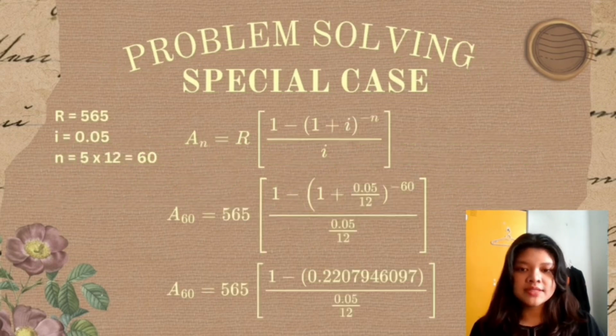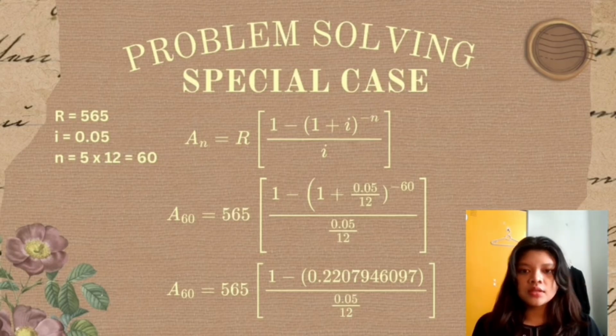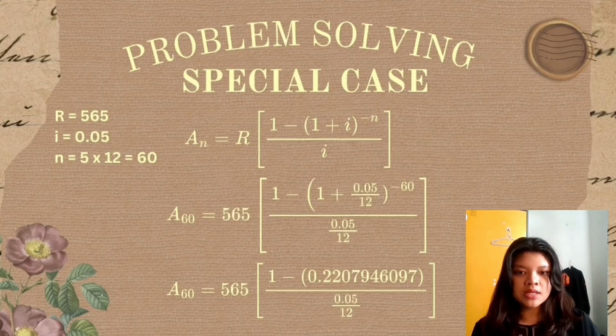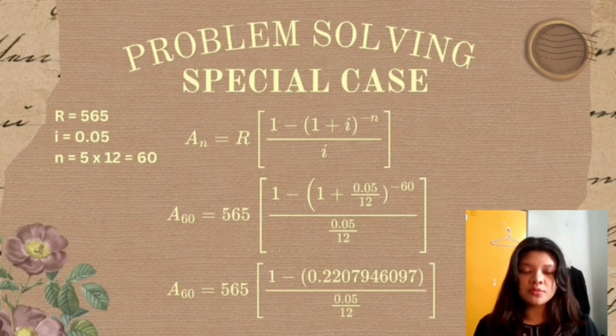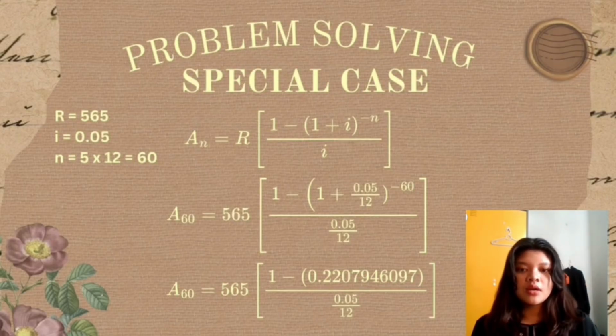The amount of the series payment R is 565, then the interest rate is 5%, and we can convert it to 0.05 after dividing by 100. And finally, N is 12 multiplied by 5 equals 60. Let's find the original loan of the house that Elise has to pay.